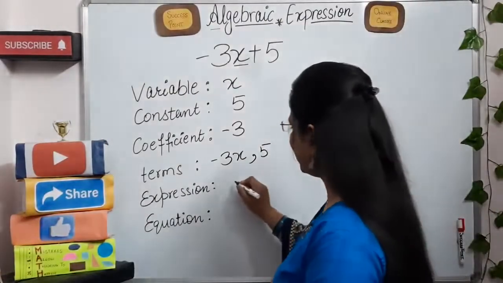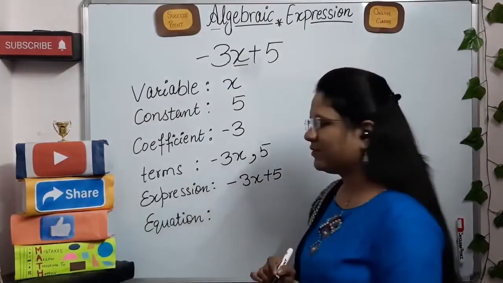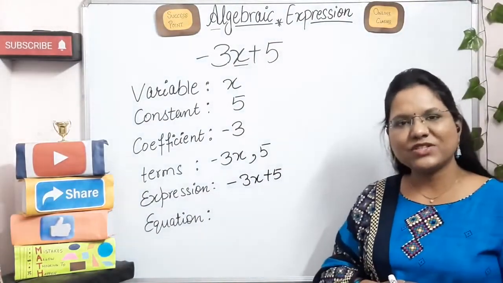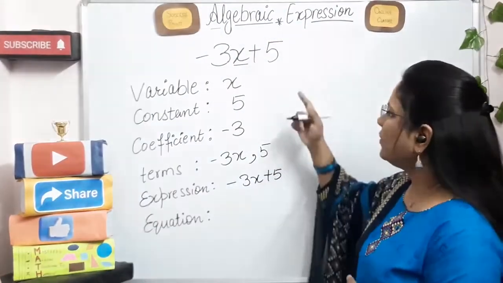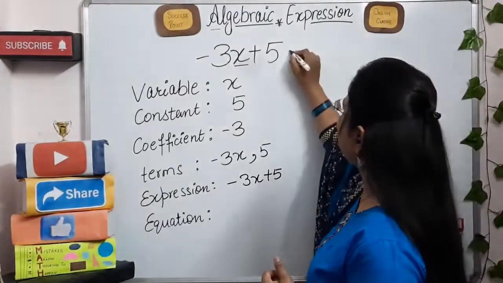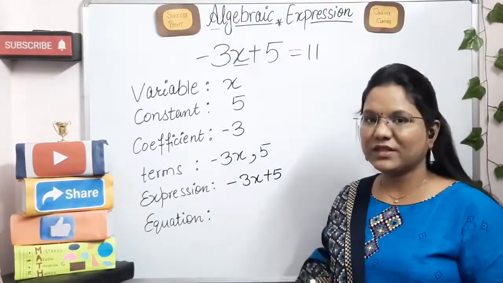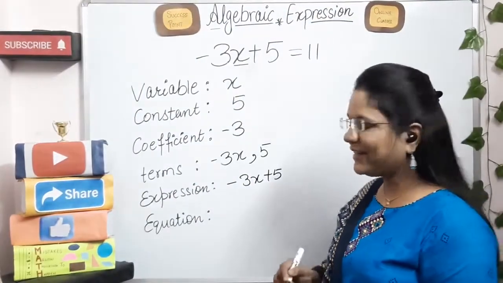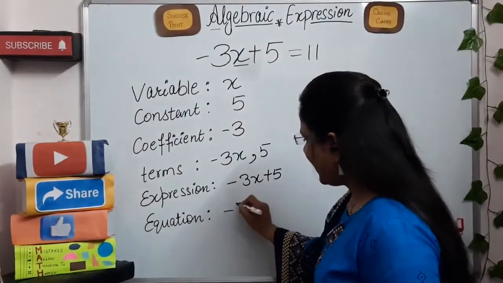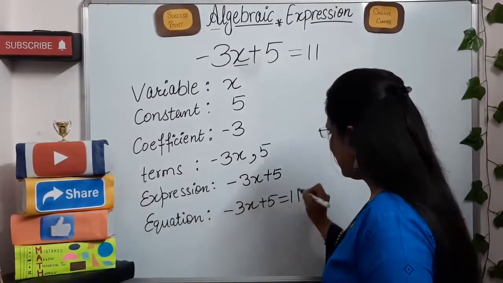Now what is an expression? Minus 3x plus 5 is an expression. Now we are left with the last one, the equation. If I add equals to 11 with it, what can we call it? Equation. So minus 3x plus 5 equals to 11 is an equation.